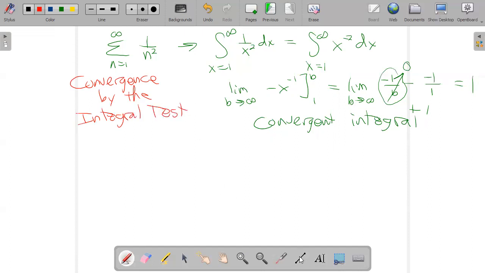Now, just a quick graphical check on that. This function right here still has the point (1, 1), and then the function just drops down faster than 1 over x did.